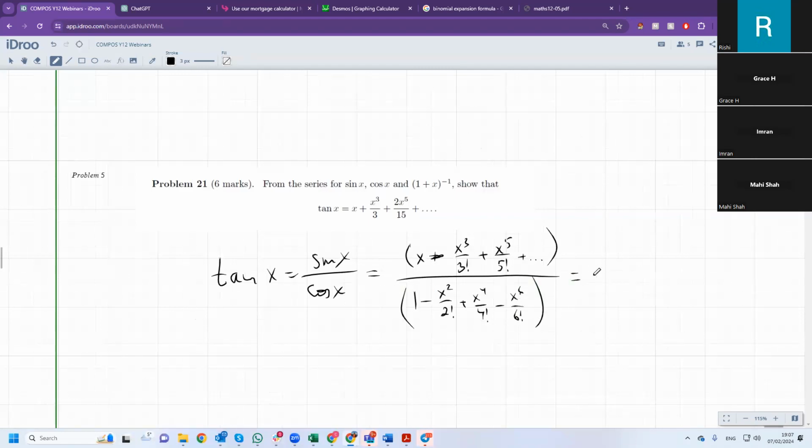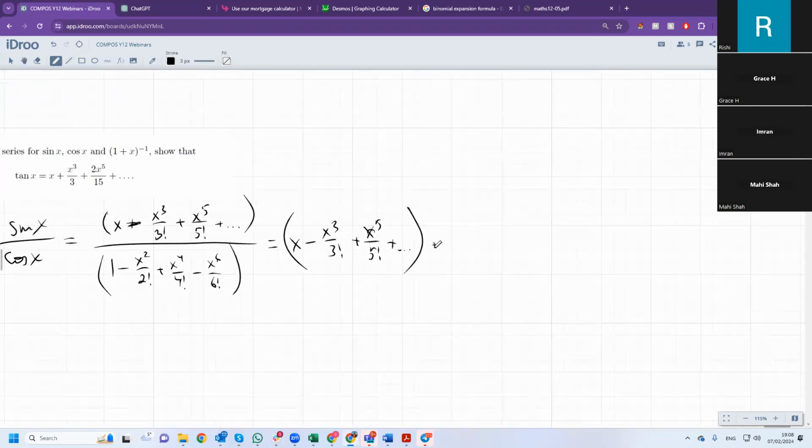You can rewrite this as x minus x cubed over 3 factorial plus x to the 5 over 5 factorial, etc., multiplied by 1 plus minus x squared over 2 factorial plus x to the 4 over 4 factorial minus x to the 6 over 6 factorial, etc., to the power minus 1.